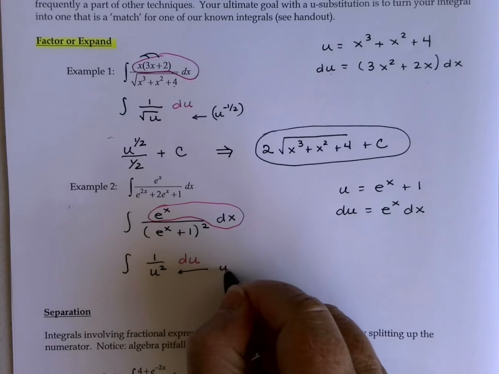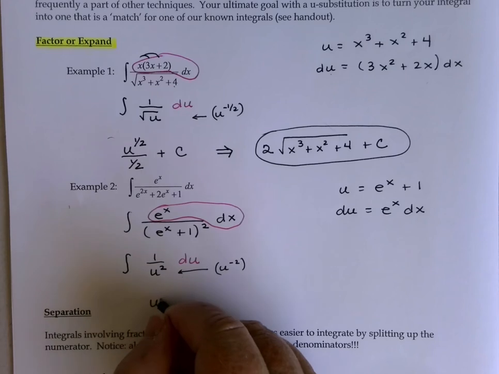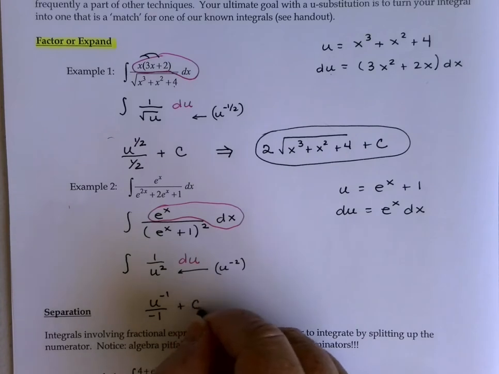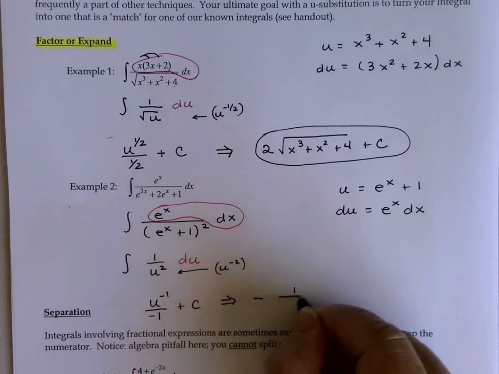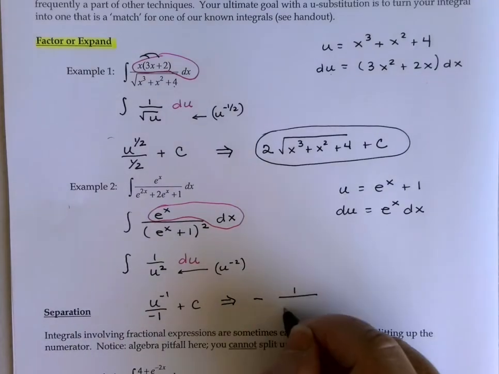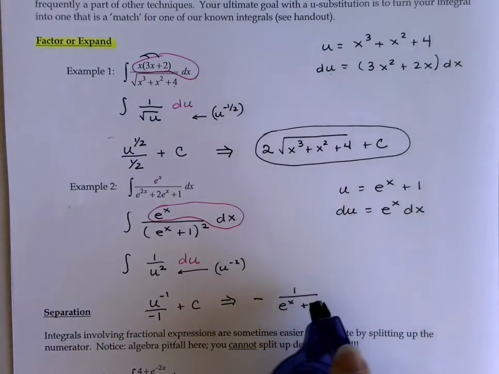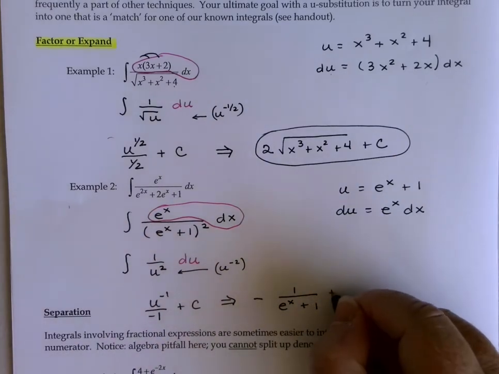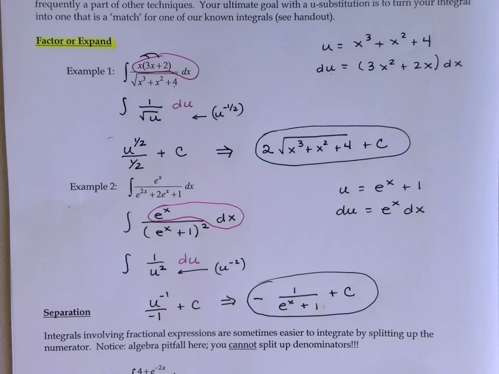I'm thinking of that as a u to the negative 2. So when I integrate, I'll get u to the negative 1 divided by negative 1 plus c, or minus u to the negative 1 would be 1 over u, and I'll put the u back in. So just keep an eye out for expanding and factoring, both useful techniques that serve us well sometimes.